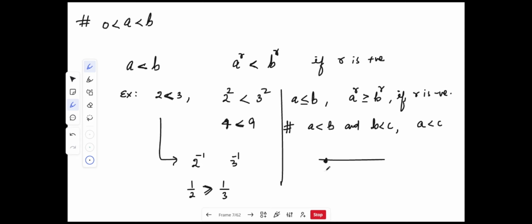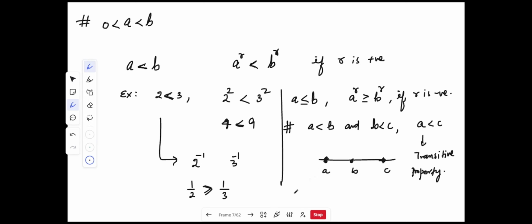Here we have a, here b, and here c. Since a is less than b and b is less than c, obviously point a is less than point c. So this property, a less than b and b less than c means a is less than c, we call the transitive property of inequality.